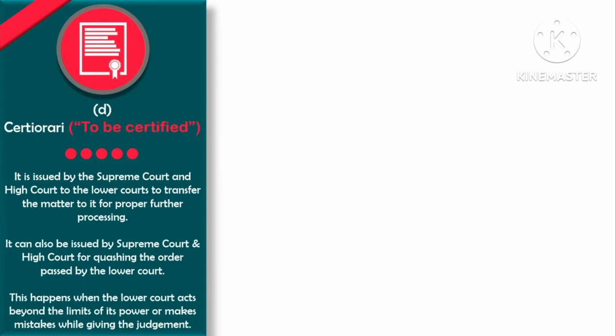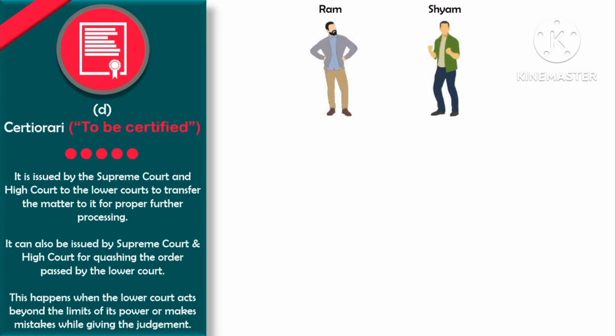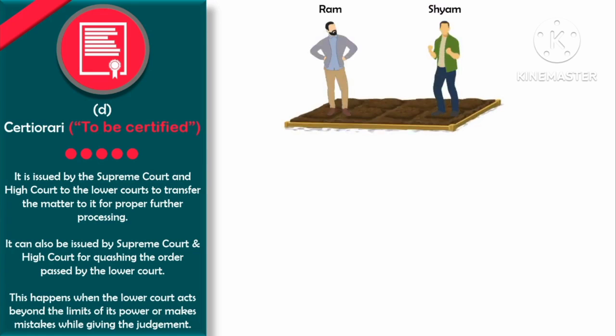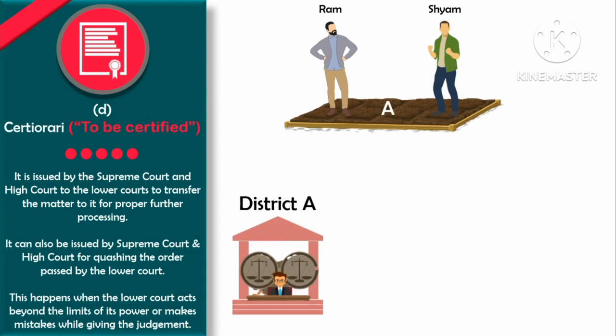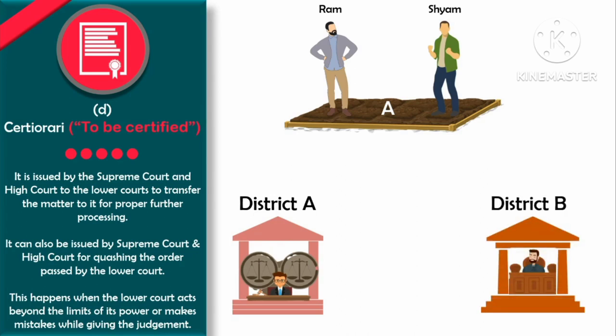Let's take an example to understand this. Suppose there is a dispute between Ram and Shyam over a land. This land is in District A. Ram registers a case in District A, and at the same time Shyam also registers a case in his own district, that is District B. If the District Court of B gives its judgment in this matter, will that be right?